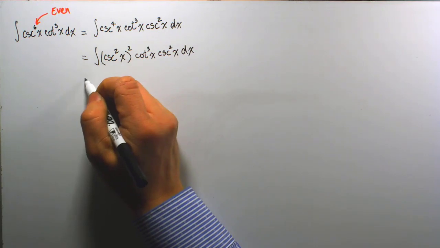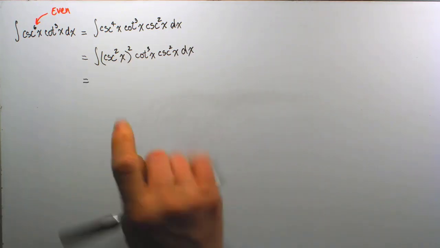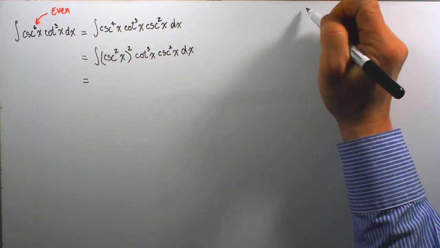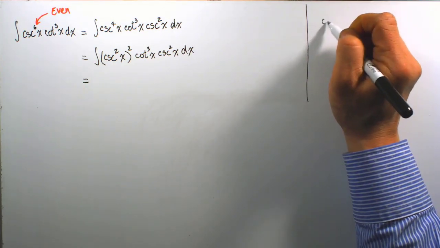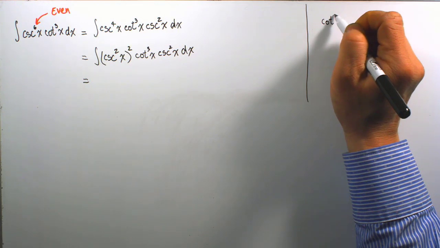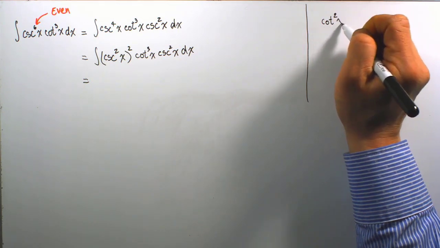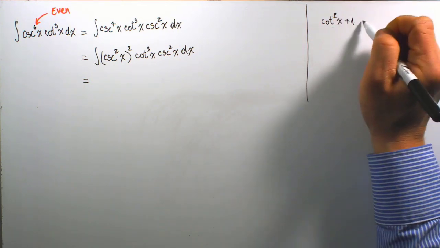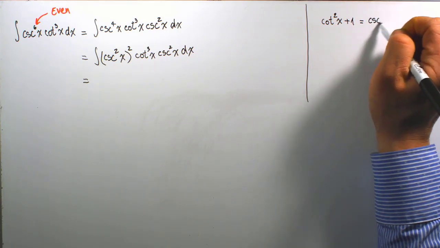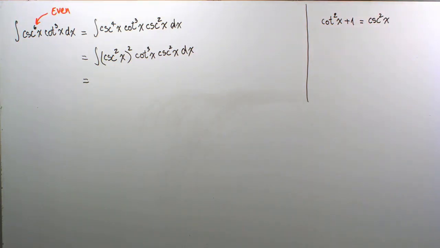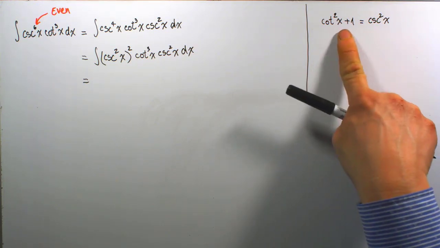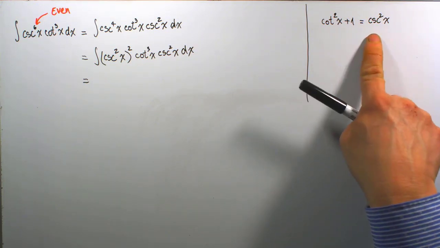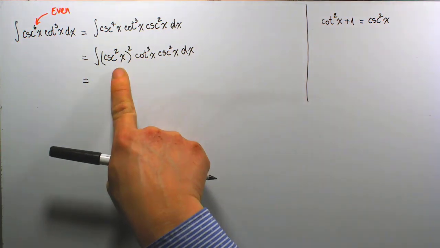Continuing into the next step, from our previous understanding prior to this course, we have a known identity: cotangent square of x plus 1 equals cosecant square of x. Right from here, I am going to take this cotangent square of x plus 1 expression to substitute for my cosecant square in the current expression.